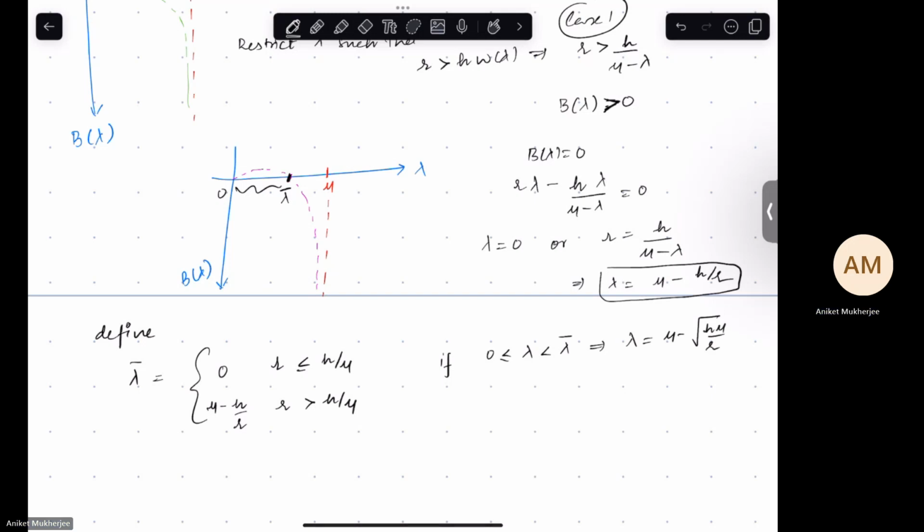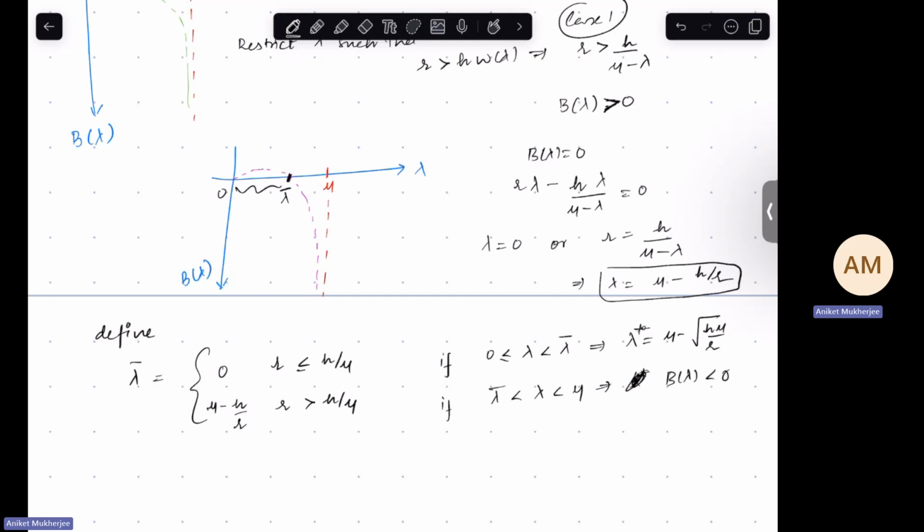Right. And if lambda star is less than lambda less than mu, this implies that beta lambda is less than or equal to 0.